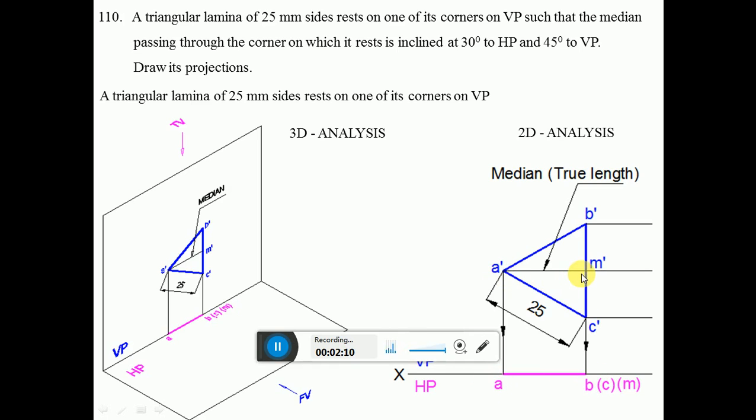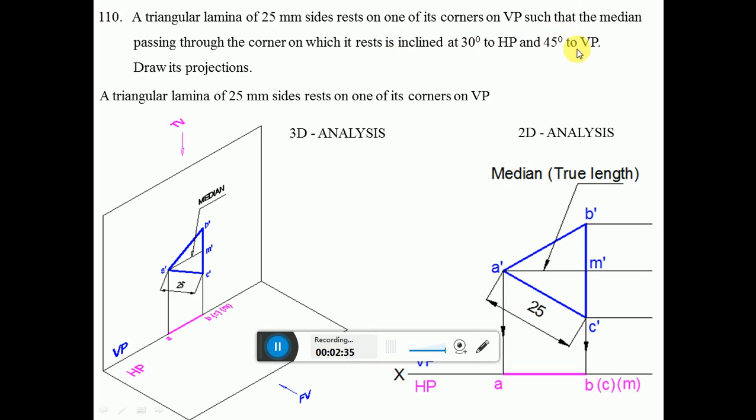But if we consider B dash to this point, you are going to get it inclined to HP, so obviously this will not be in true length. The only one which is going to have the true length is A dash M dash. That is the reason why we have written median is in true length. Why do we consider that? Because here the inclination given is the true inclination, that is 30 degrees to HP and 45 degrees to VP.